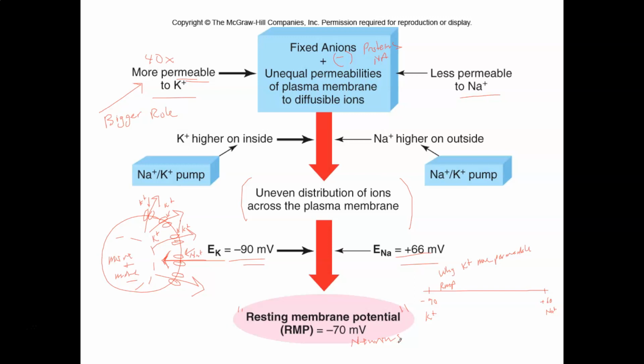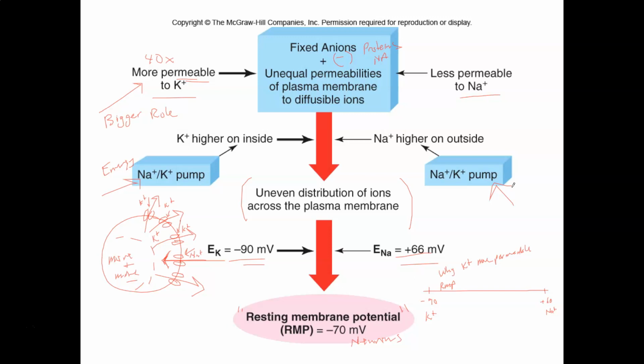If we left this unchecked, then of course the leakage would lead to equilibrium, and we don't want that to happen. So we spend energy using the sodium-potassium pumps to ensure that we maintain the concentration differences of sodium and potassium so we can keep the leakage of sodium and potassium going, and that allows us to maintain the disequilibrium and thus the resting membrane potential.